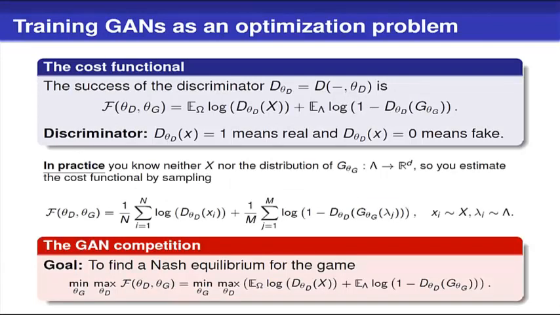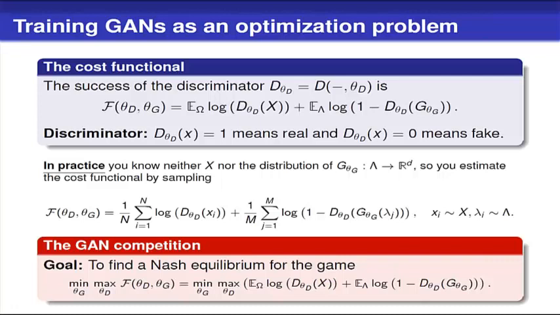And how can we formalize this idea? Well, we can formalize this idea through a cost function. The cost function is a function that depends on the generator and the discriminator. Typically, the generator function and the discriminator function depend on some weights. For instance, they are neural networks, and they depend on the weights of the neural networks.